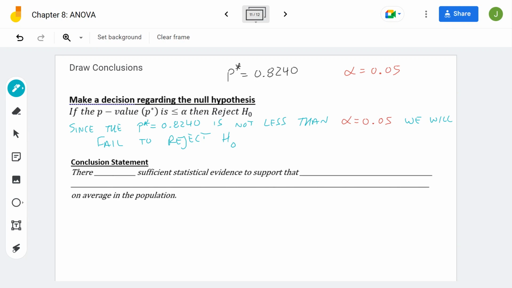In the conclusion statement, we're going to say there is not sufficient statistical evidence to support that there is a difference in the inside diameter of the marker caps produced by machines A, B, and C on average in the population. So hopefully this helps you with navigating the hypothesis test on multiple means, 3 or more means, using analysis of variance.